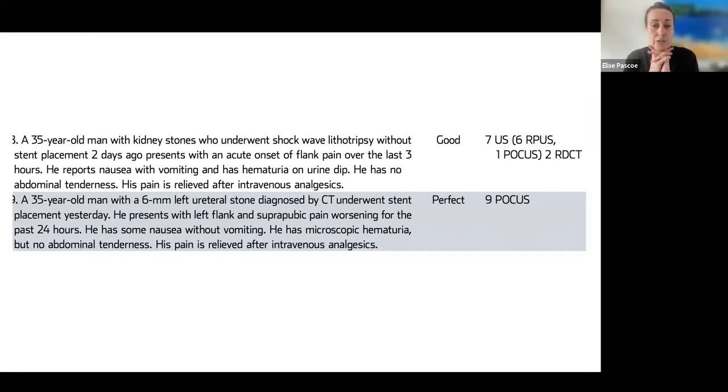They said, including urologists, everyone said a bedside ultrasound would be sufficient to assess stent patency. If there was hydronephrosis there, it would suggest a non-functioning stent, and that would warrant further review and urology referral.